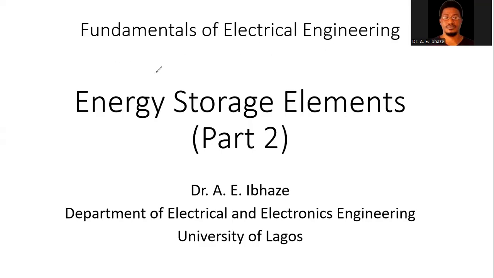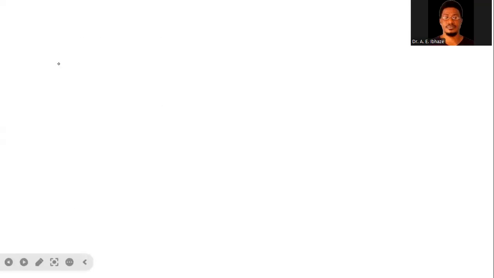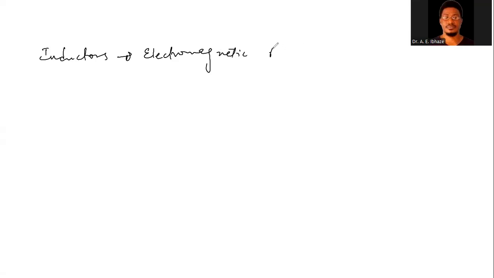Last lecture we considered capacitors, and now we are going to consider inductors. Inductors are electromagnetic devices, and these devices could be modeled as wires wound into several loops to form coils.